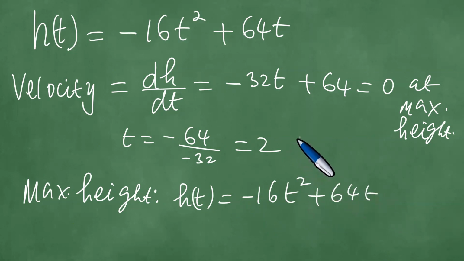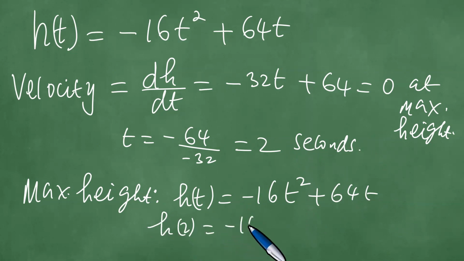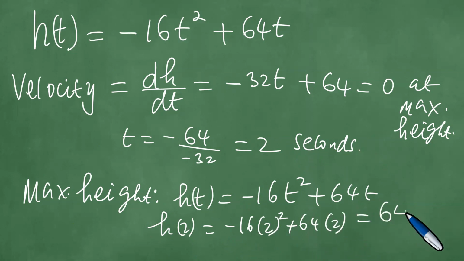So t equals 2 seconds. Which means at this point, h of 2 is minus 16 times 2 squared plus 64 times 2, which equals 64. Okay, so it is 64 feet. That is the maximum height.